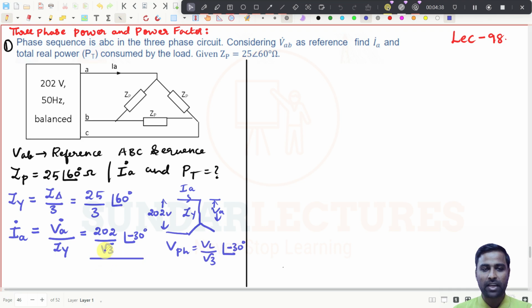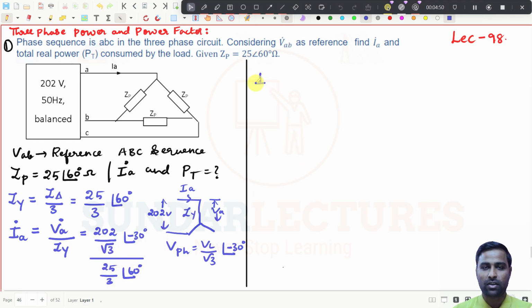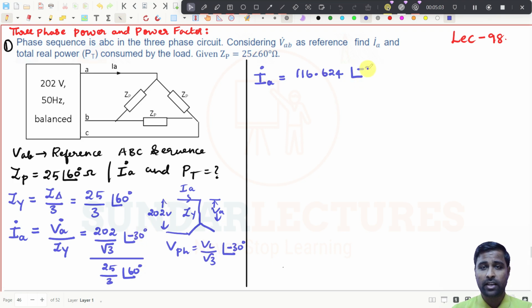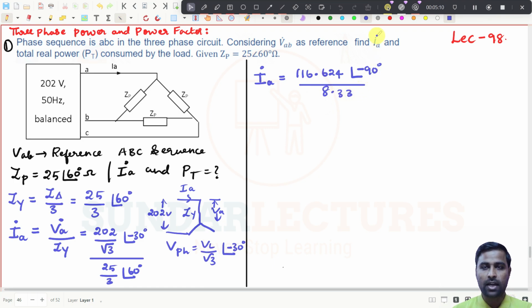Then divided by the ZY value we found, which is 25 divided by 3 at an angle of 60 degrees. Now if you simplify this, what is the value I am getting? IA equals 116.624 at an angle of, bringing this 60 into the numerator, minus 90 degrees, whole divided by 8.33.